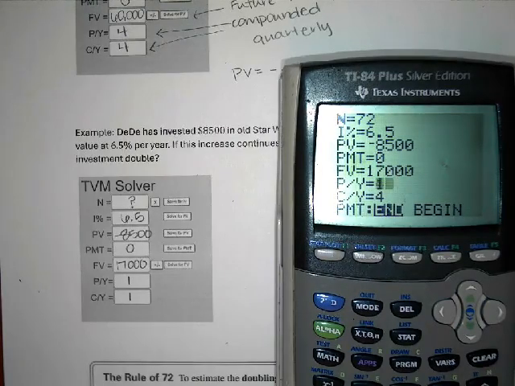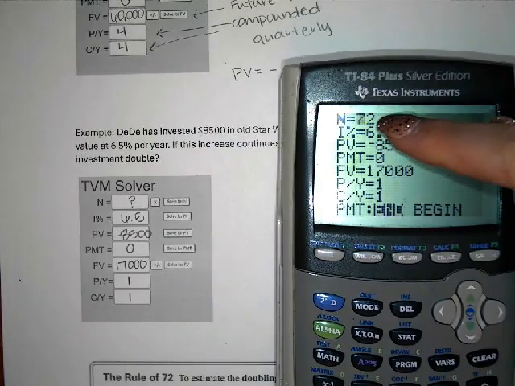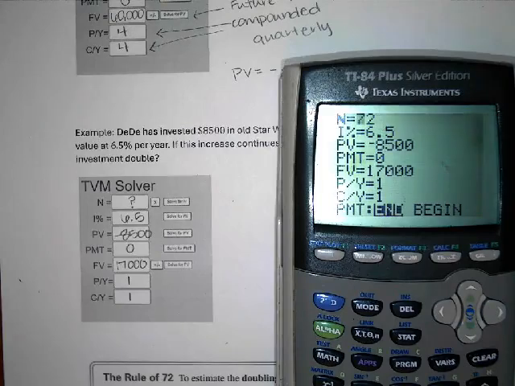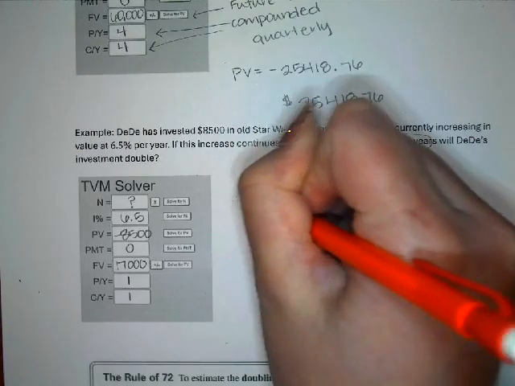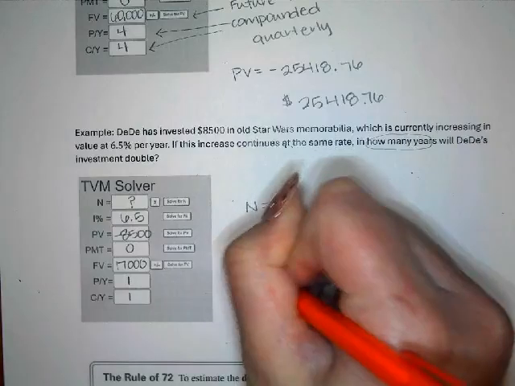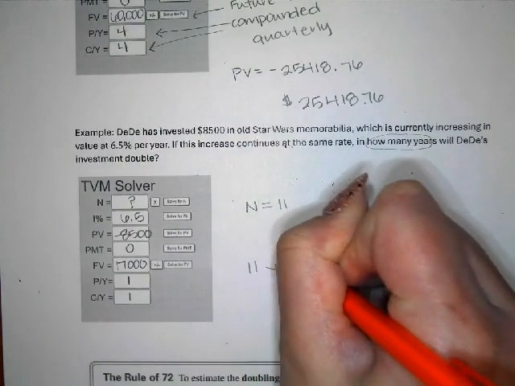So I'm going to go back up here to the 72, and I'm going to hit green button, enter, to solve. And it gives me the answer, 11.006739904. So n is 11, and so it will take 11 years for this investment to double because this problem was written in terms of years.